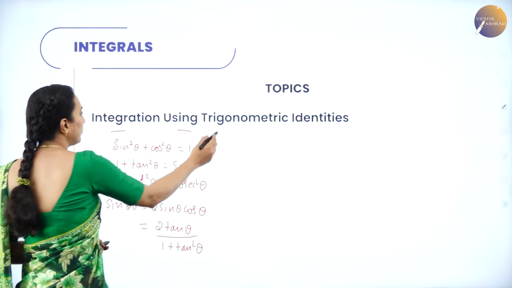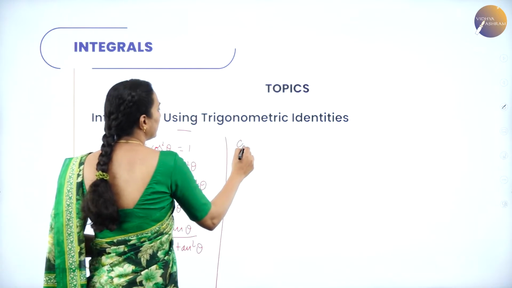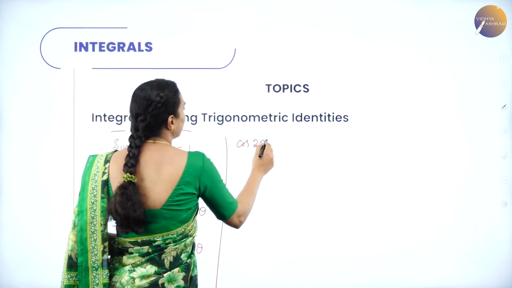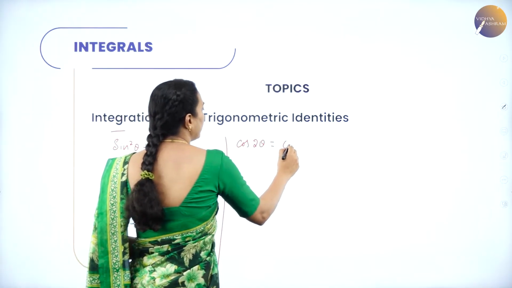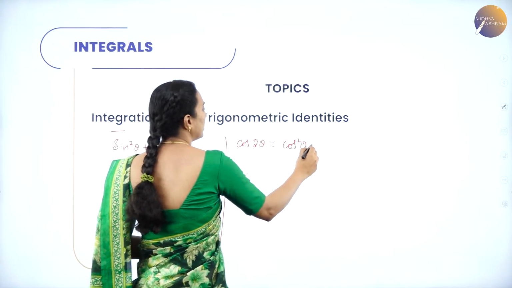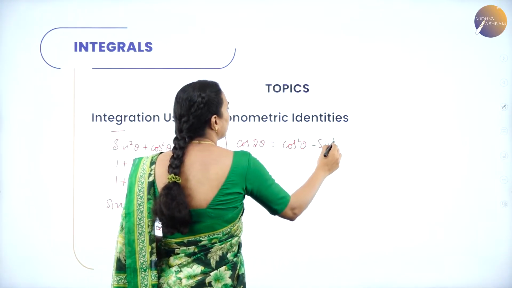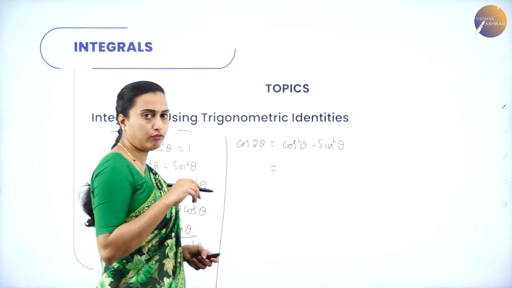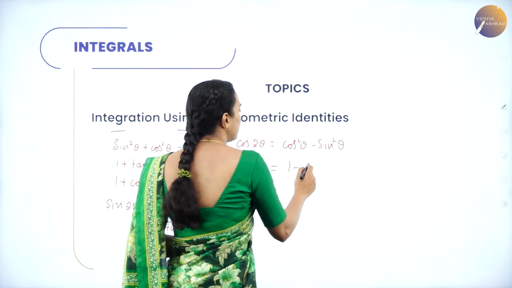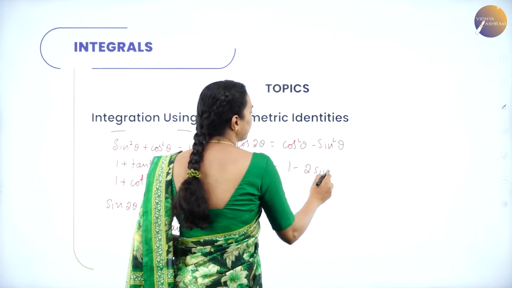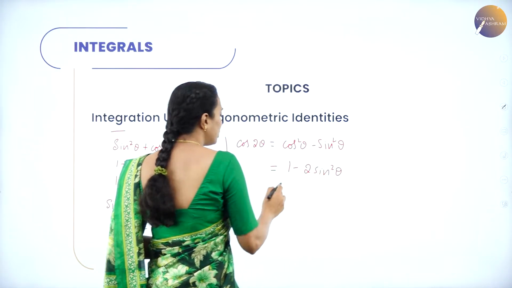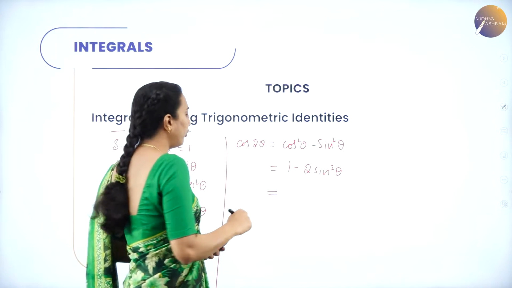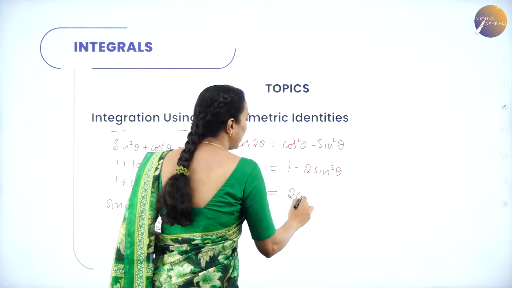And also cos 2 theta can be written in the form of cos squared theta minus sine squared theta, or cos 2 theta also can be written in the form of 1 minus 2 sine squared theta. Cos 2 theta also can be written in the form of 2 cos squared theta minus 1.